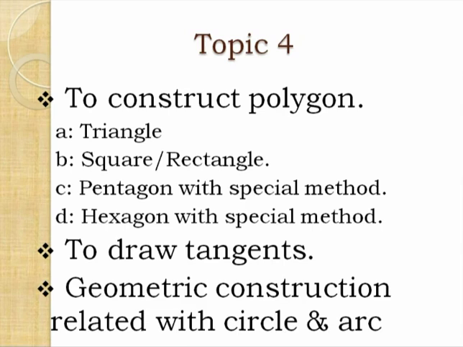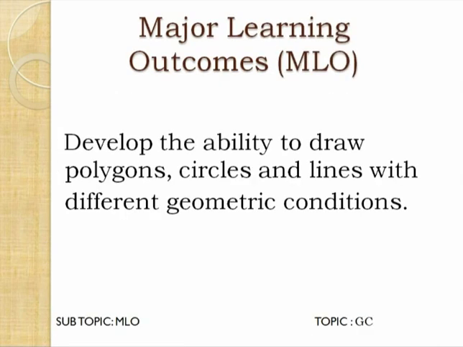Then to draw the tangent, and geometrical constructions related with circles and arcs. Now this is the major learning outcome. After study of this chapter, you will be able to draw polygons, circles, lines with different geometrical constraints and conditions.